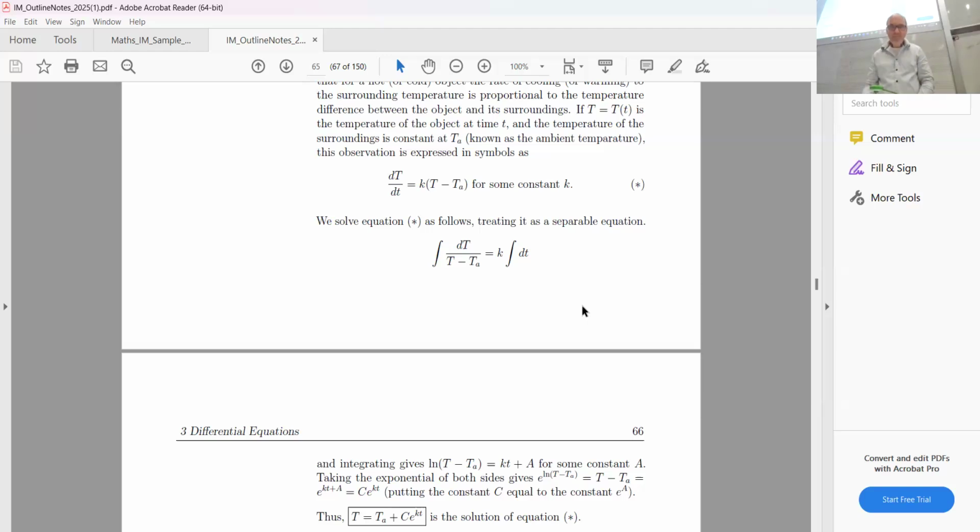So if we go back to what the differential equation says, the rate at which the temperature changes is proportional to, or equal to, a constant times the difference between the object's temperature and the surrounding.